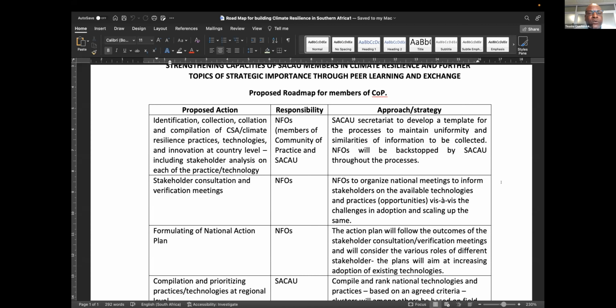So the first action that we thought we needed to do is to take stock of the technologies and innovations at country level, on what the farmers are already implementing. The reason for this is that it's always better to support farmers on what they are already doing than introducing something that you bring from another area and try to impose on them.